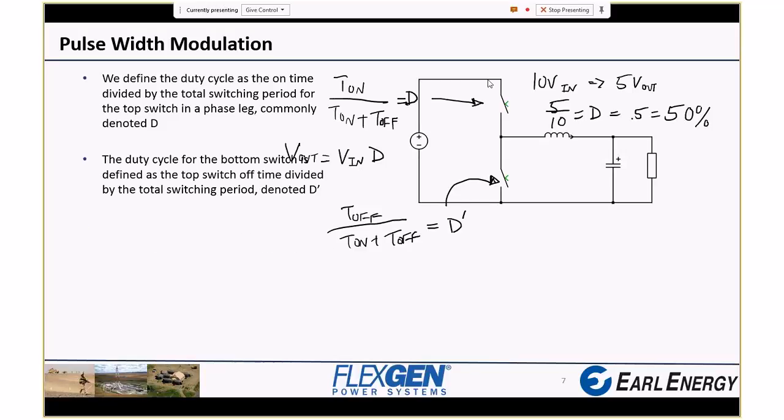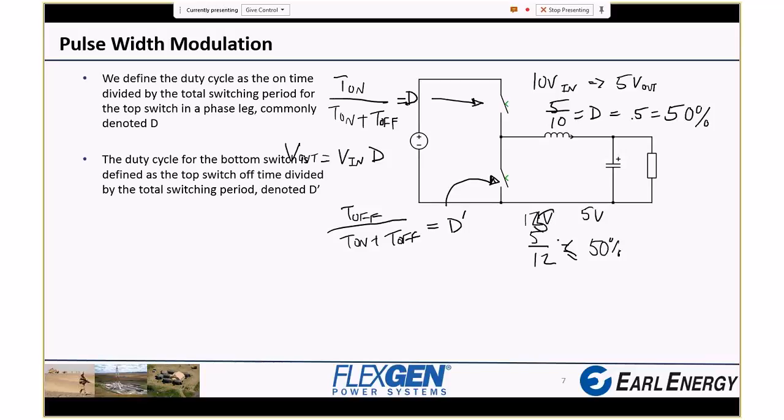We'll get to the reference carrier. If we had different requirements, say we had a 12 volt in and we still wanted our 5 volt out, take 5 divided by 12. That's going to come out to some number less than 50%. Why didn't I pick 15 volts?